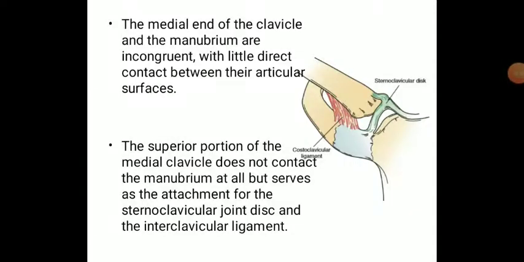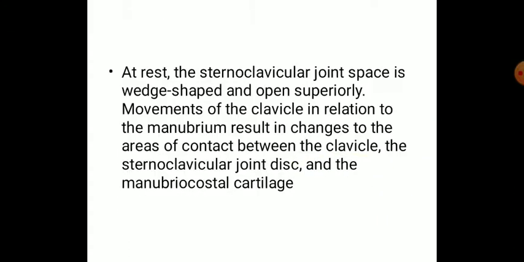The superior portion of the medial clavicle does not contact the manubrium at all, but serves as an attachment for the sternoclavicular joint disc and the interclavicular ligament. As you can see in this picture, the clavicle and manubrium are not attached to each other, but both structures give attachment to the disc and the ligaments covering this joint.